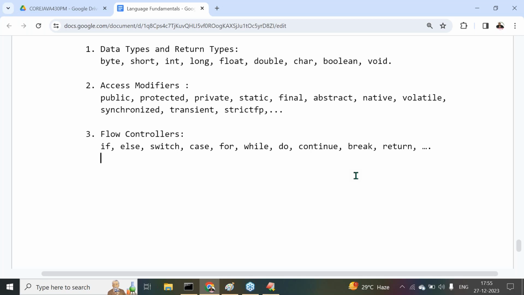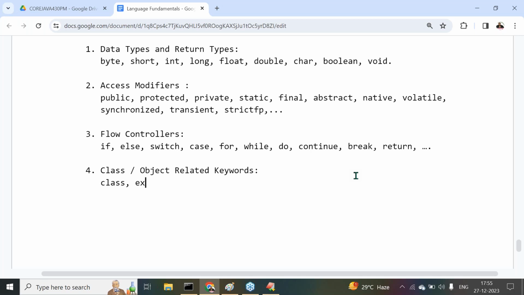After understanding these flow controllers, the fourth one is class or object related keywords. What are these class or object related keywords? First we have to understand class.